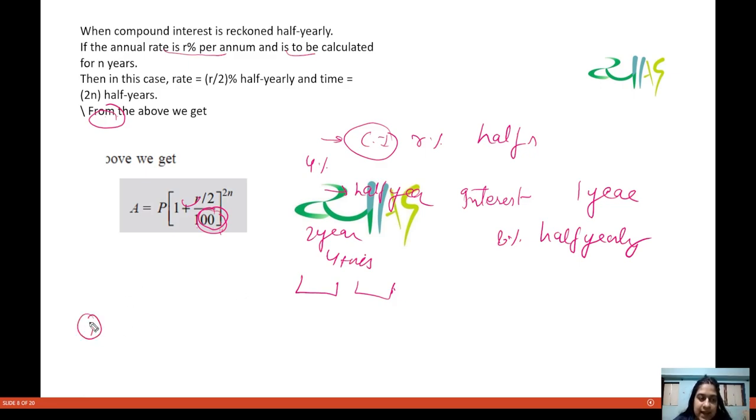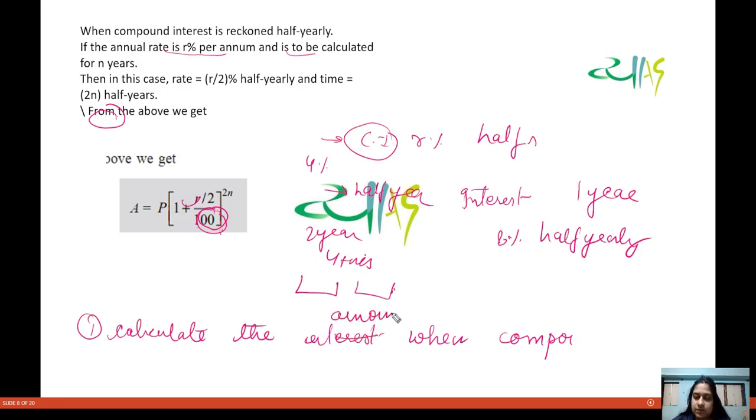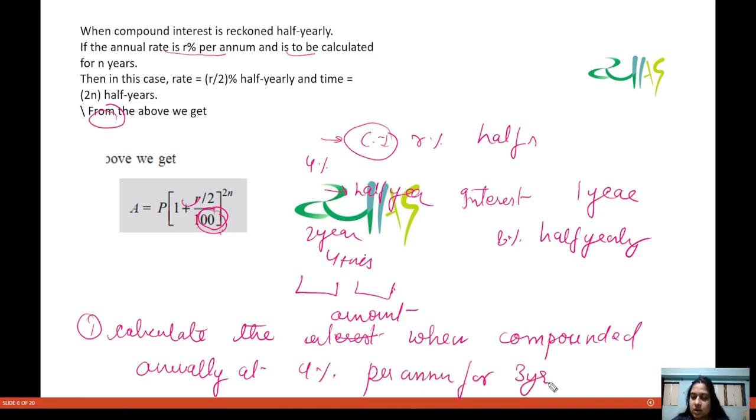So I am saying that calculate the amount when compounded annually at 4% per annum for 3 years if principal is 100.